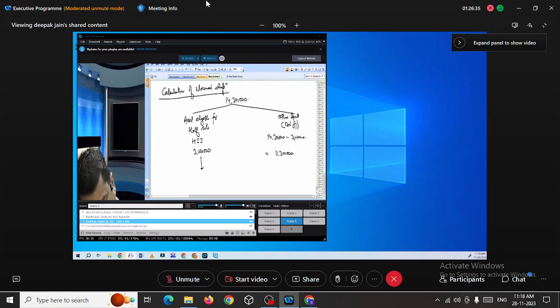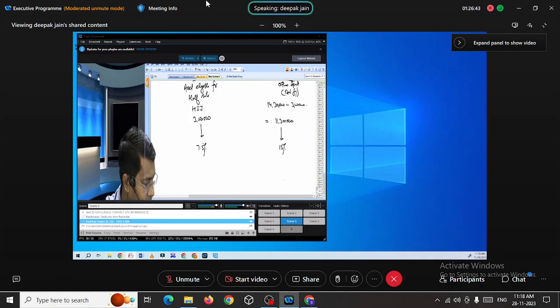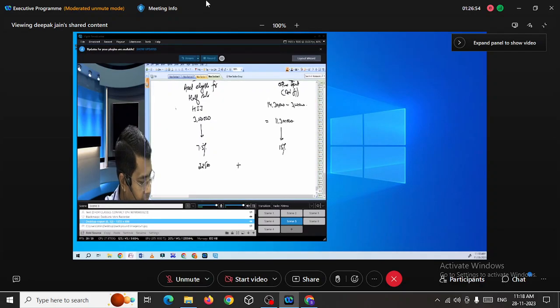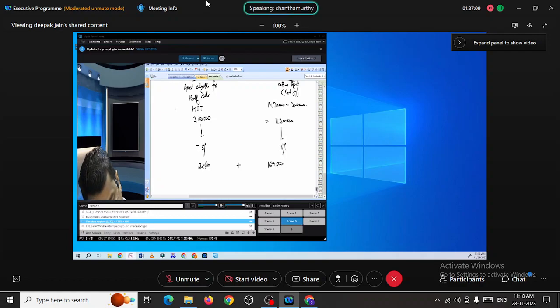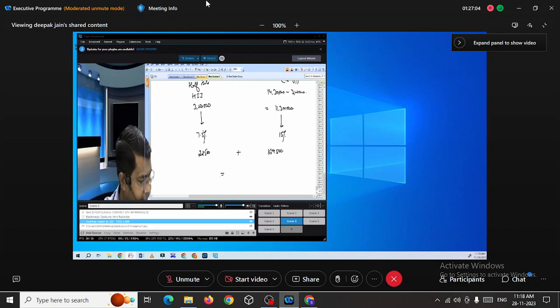So half rate 7.5, full rate 15. So 3 lakh into 7.5% is 22,500 plus 11,30,000 into 15% is 1,69,500. So my total depreciation amounts to rupee 1,92,000.